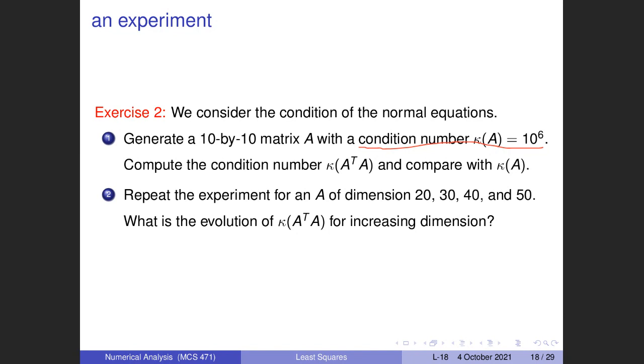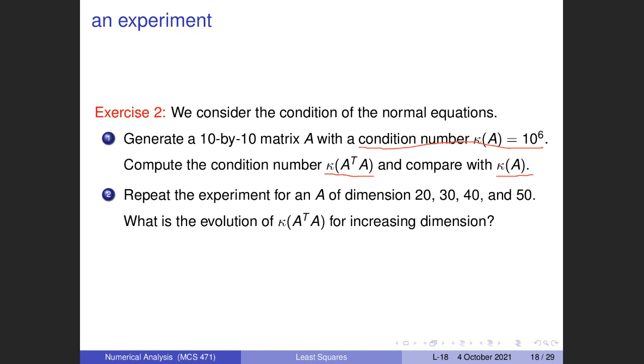So you start with that matrix, and the last element you turn into 10 to the power minus 6. And then you multiply A with a random orthogonal matrix. We did this already, but this is with the QR factorization. So you generate a random orthogonal matrix, and you pre-multiply and you post-multiply. And then you apply the cond command twice, once on the original matrix and once on the matrix that you get from A transpose A.